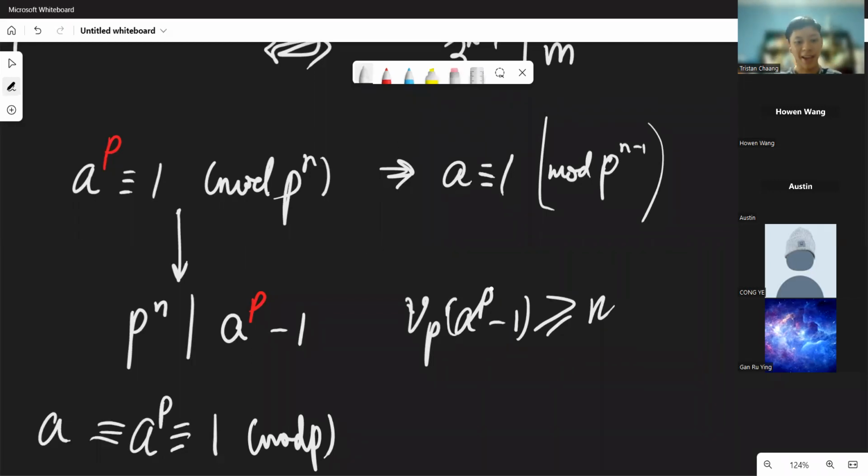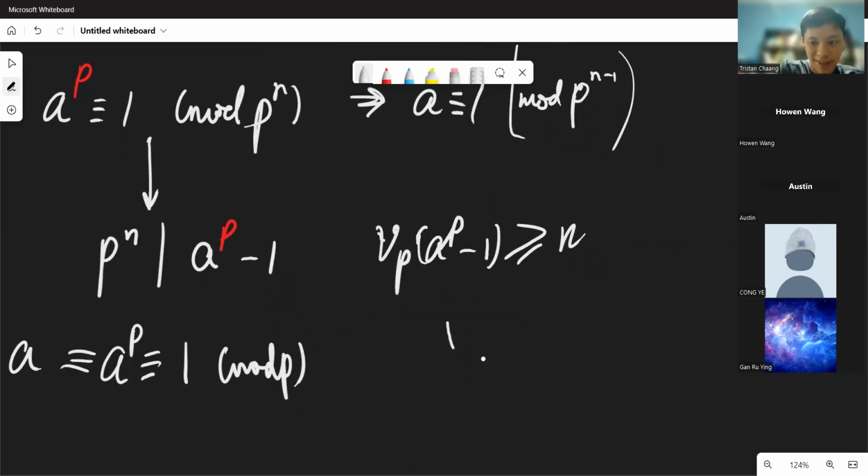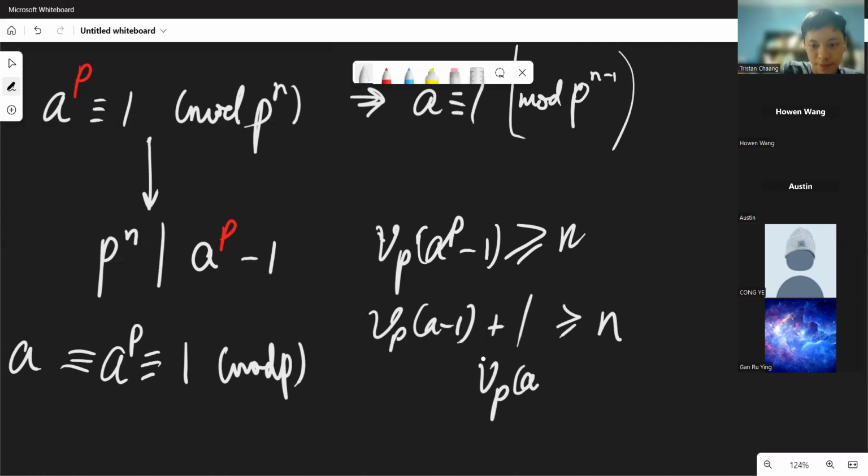So a is 1 mod p, and we are allowed to use LTE. Right? Okay. So now we are allowed to use LTE. vp of a minus 1 plus vp of p, which is 1, is more than or equal to n. vp of a minus 1.